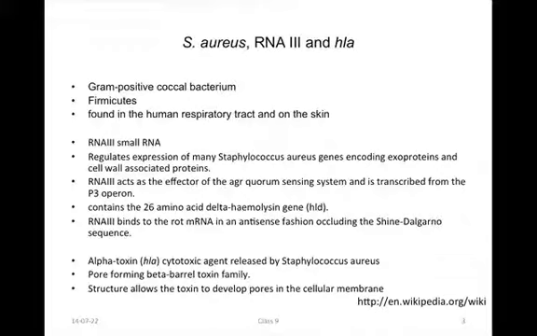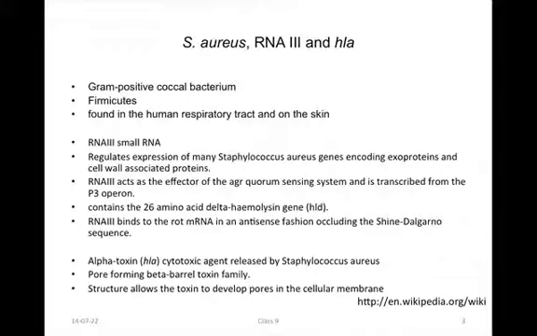Staph aureus is gram-positive. It's a firmicute. It's on skin. And RNA3, we know because of its activity with the CRISPRs. It also regulates a whole bunch of Staph aureus genes and affects the AGR quorum sensing system.